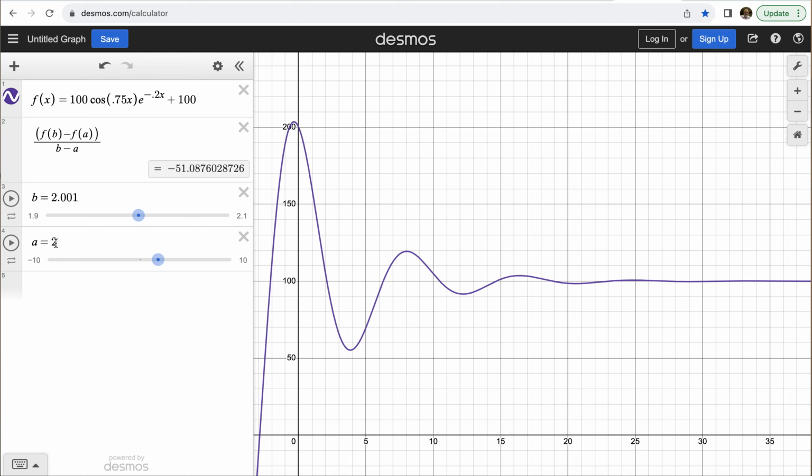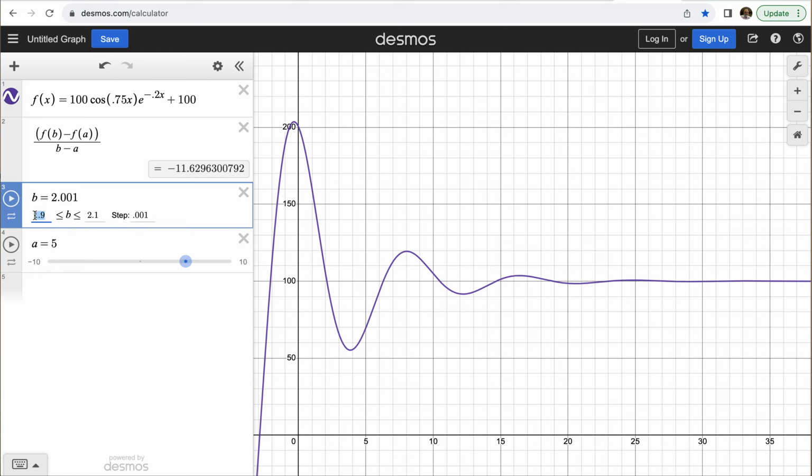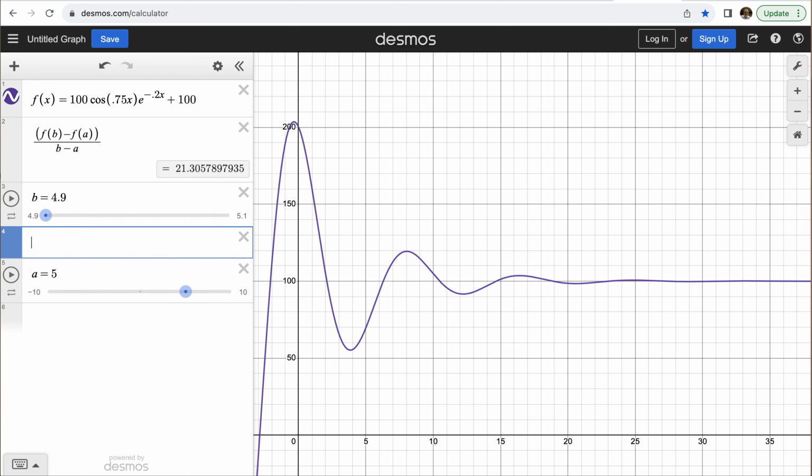Now I could have done this at, say, maybe I wonder what it was at 5 seconds. So I could have changed a to 5, and then b would have to get closer to 5, so I'd have to change this to be 4.9 to 5.1, and then return, and I can get it really close to 5.